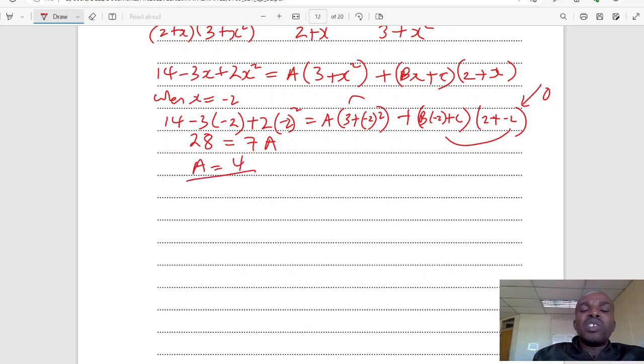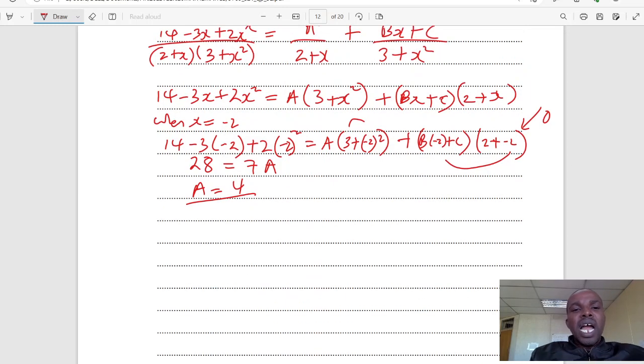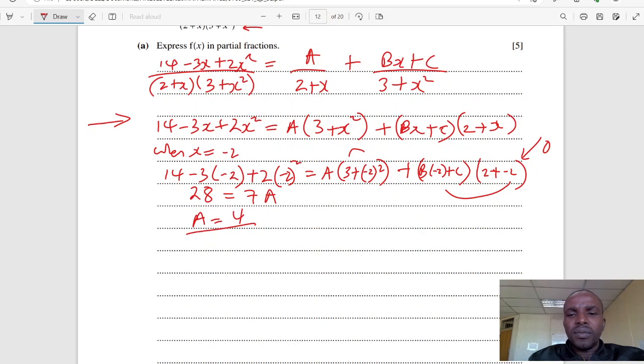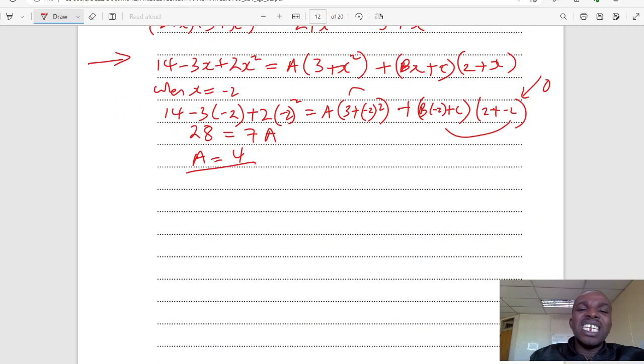Then I get my a is equal to 4. Right, to find b and c, I go back to this item. This is the item that I have to use. If I put x equals 0, can I eliminate this part? With x equals 0, I can eliminate b. Then I have a and c.